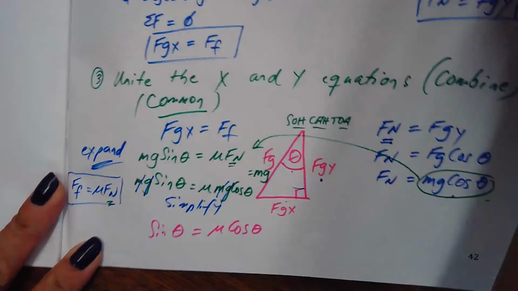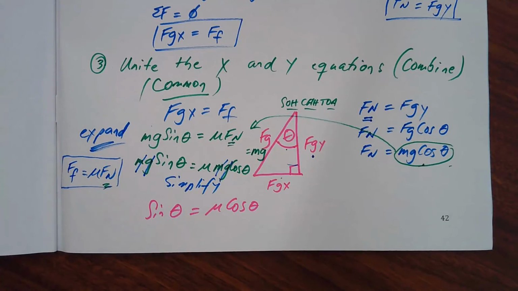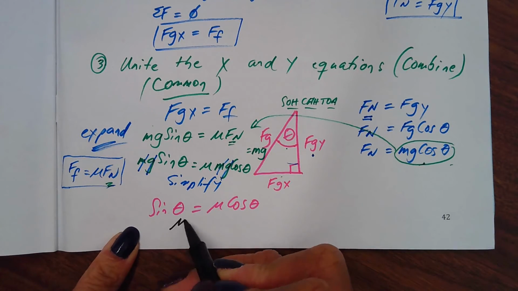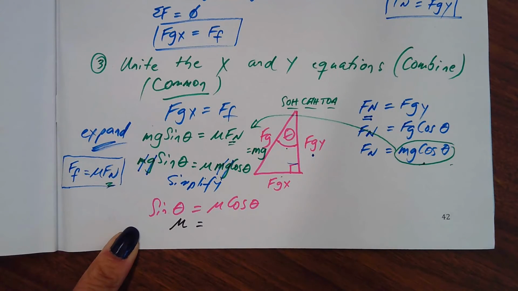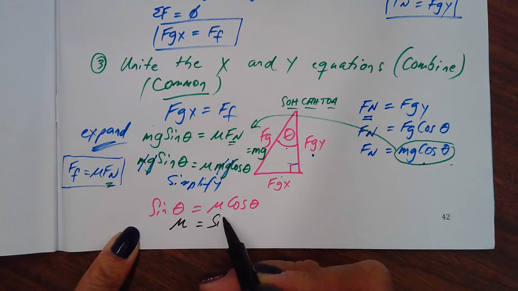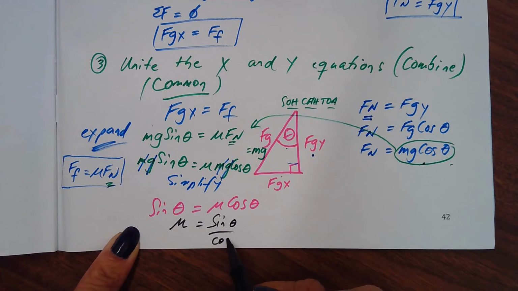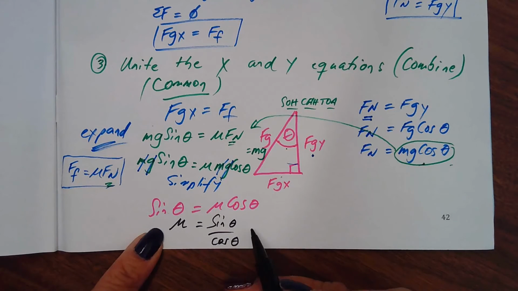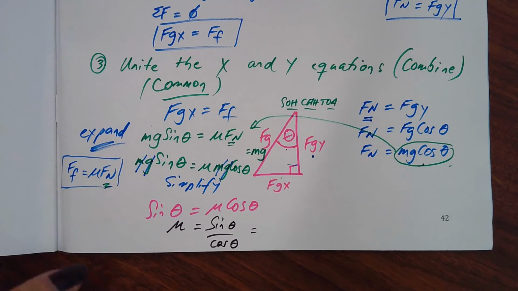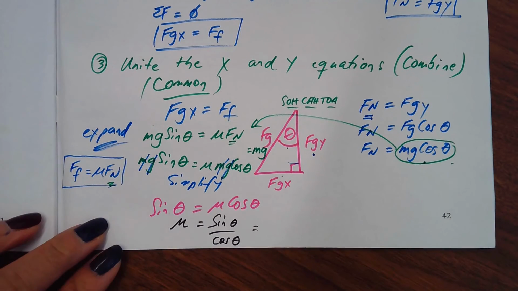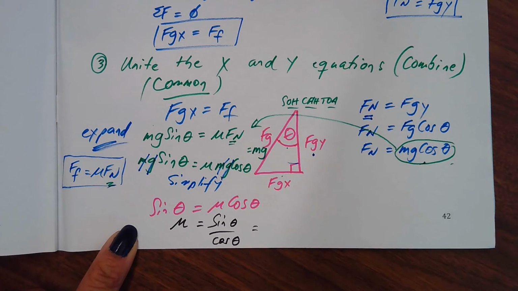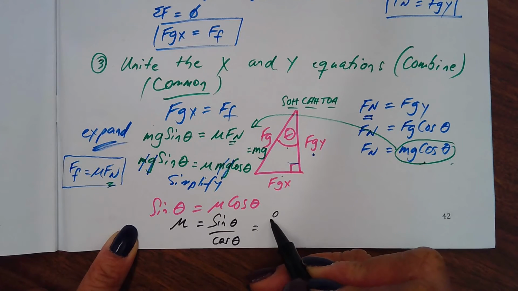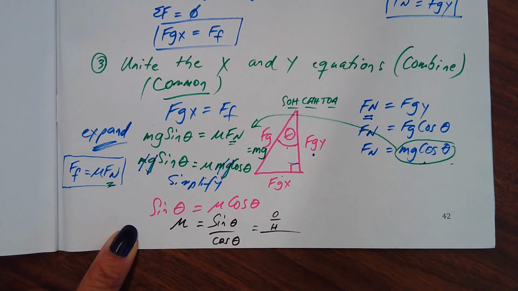Okay. Go one step ahead of me now and isolate the mu. Go and find the mu. So what is mu equal to? Mu is equal to sine theta over cos theta. Okay, now we're going to do one last step right here, okay? Do you remember how to find the sine theta? Opposite over hypotenuse, right? Look what I'm going to do. Opposite over hypotenuse divided by, what's cosine?